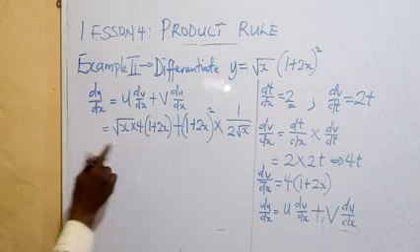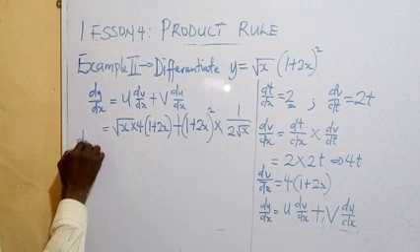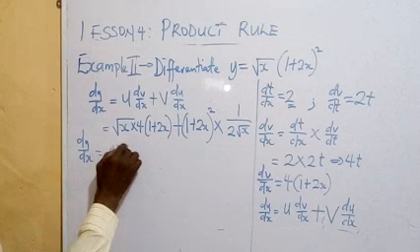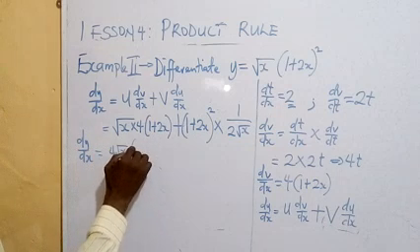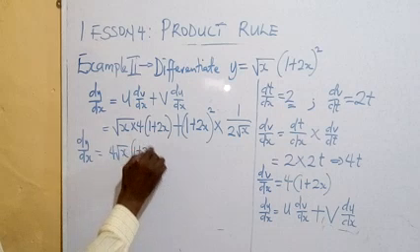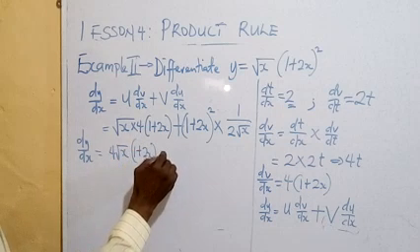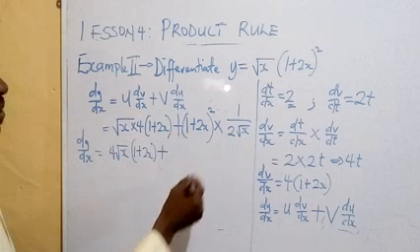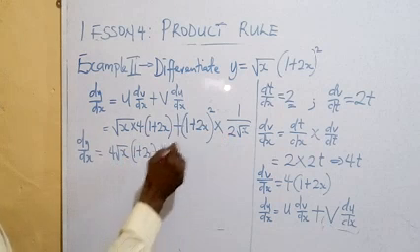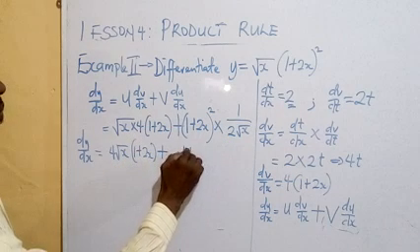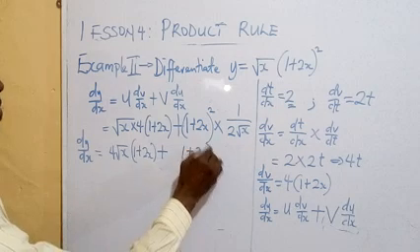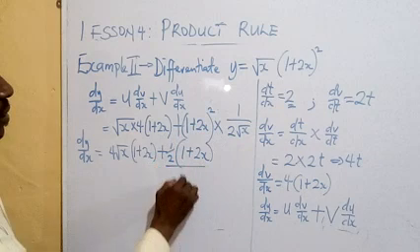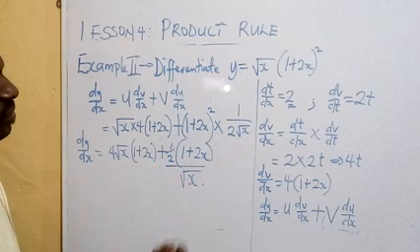Then we simplify this. dy/dx equals 4 root x open bracket 1 plus 2x, plus, now at this moment we can multiply this, all right, as 1 plus 2x over 2 root x.